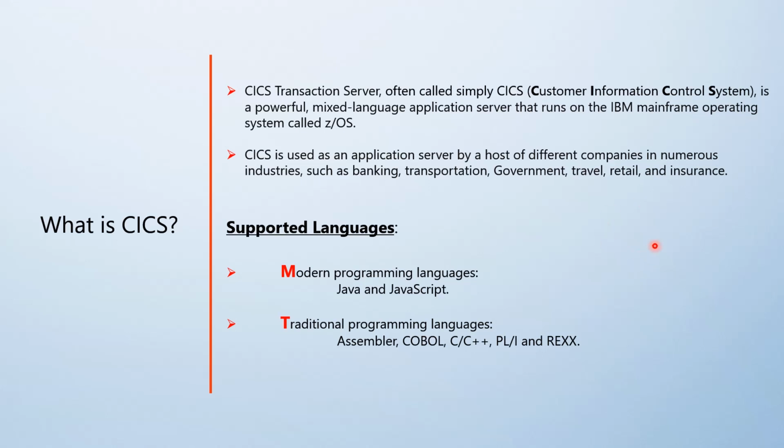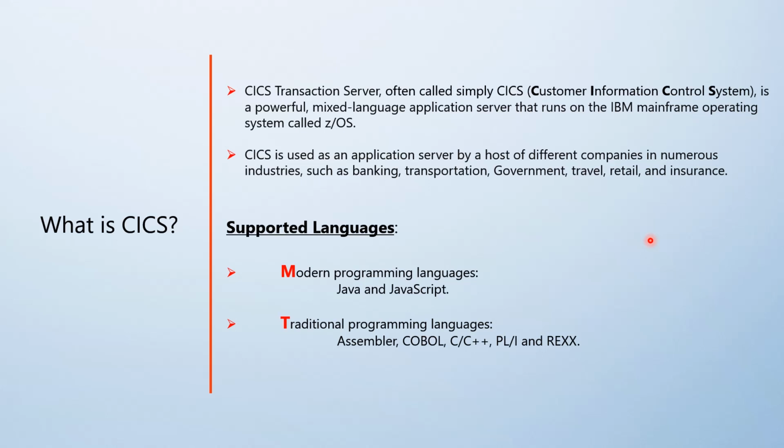The languages supported by CICS are categorized into modern programming languages like Java and JavaScript, and traditional programming languages like assembler, COBOL, C, C++, PL/I, and REXX.